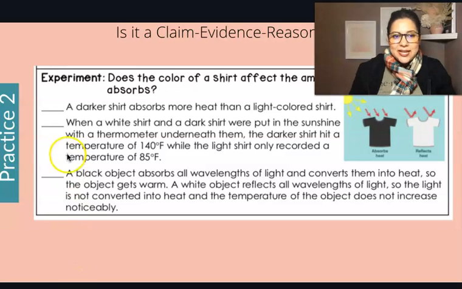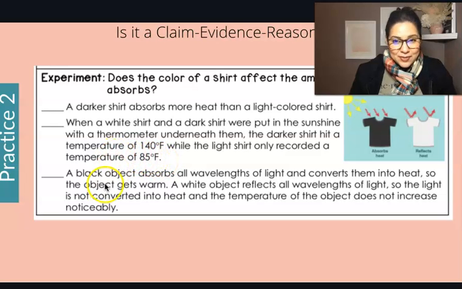The first statement reads, a darker shirt absorbs more heat than a light colored shirt. The second statement states, when a white shirt and a dark shirt were put in the sunshine with a thermometer underneath them, the darker shirt hit a temperature of 140 degrees Fahrenheit, while the light shirt only recorded a temperature of 85 degrees Fahrenheit.